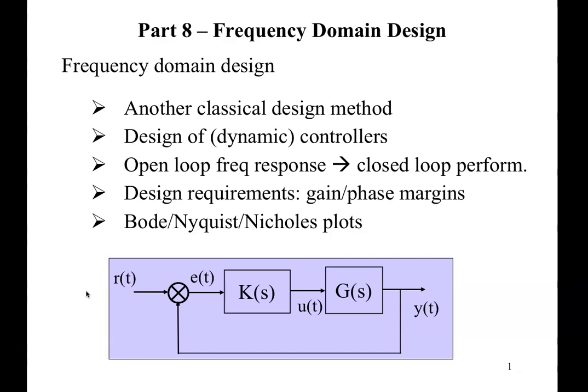Otherwise, it would be pointless. So the aim is to design the controller from the open loop transfer function of the plant and then predict what is likely going to happen to the closed loop system. But we're going to do that based on the frequency response diagrams.